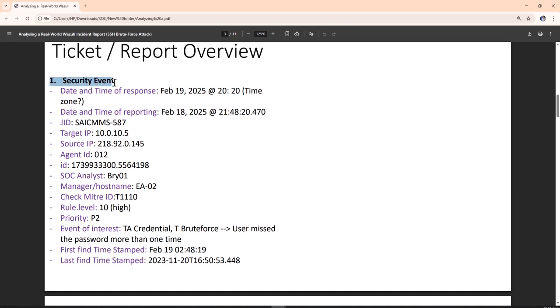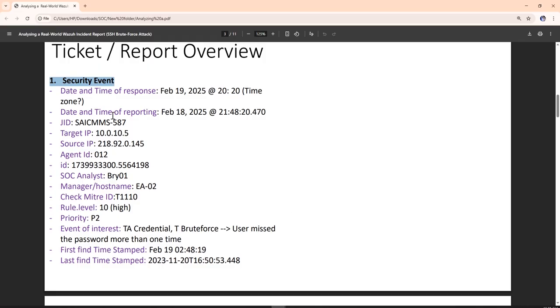The first one is security event. The level 2 guys who are responding, when they are reporting, their report will carry number 1, security event, then from number 2 to number 10, which goes on to explain in detail everything that happened on that particular case, with evidence, everything.